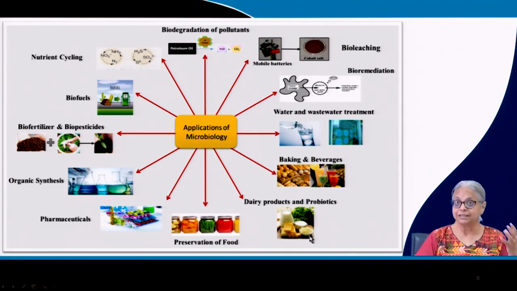The ability to digest complex organic compounds like lactose is a good example of how microorganisms can help in the digestion of certain products. So dairy products, probiotics, many of these things that you see even in the market, are all manufactured using microorganisms.